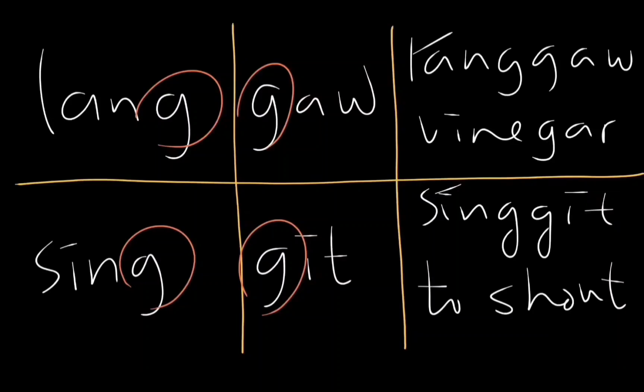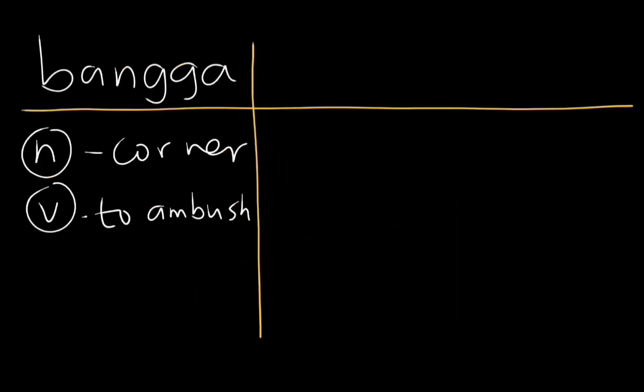Now, what happens if you toss out one G because writing down two G's is too much work? Well, in that case, we could get the wrong message across. Remember this earlier example? Bangga, which means as a noun, a corner, and as a verb, to lie in wait and ambush. What if we decide to write this word down with just one G?